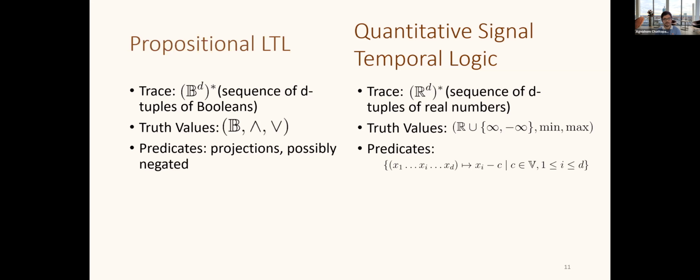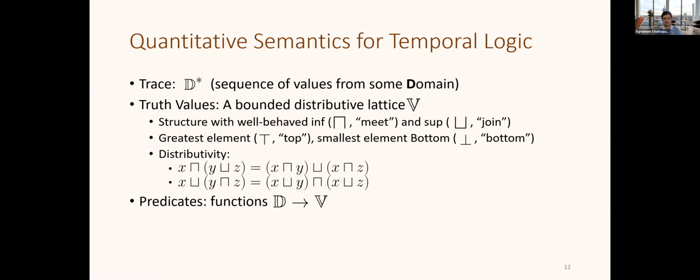In the general setting in which we have formalized our algorithms, we consider traces which come from any arbitrary domain, and the truth values we have are required to be a bounded distributive lattice. A lattice is simply an ordered set where the infimums are well defined. We call them meet, and so are the supremums, which we call join.